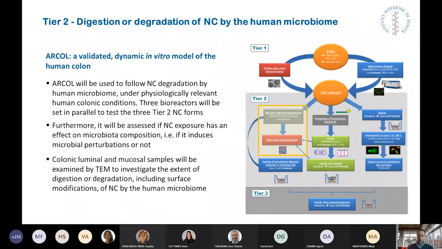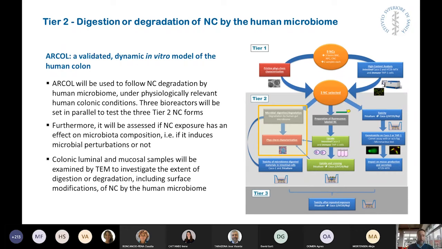Tier 2 will entail a number of different studies. One first set of studies addresses the issue of potential digestion or degradation of nanocellulose by the human microbiome. For this, ARCOL, which is a validated dynamic in vitro model of the human colon, will be used to follow potential nanocellulose degradation in human colonic conditions.